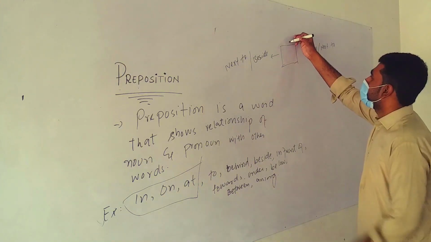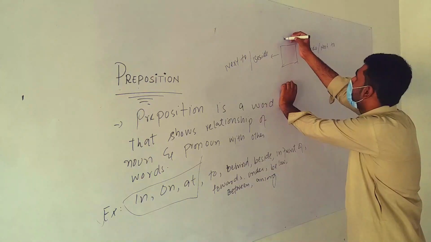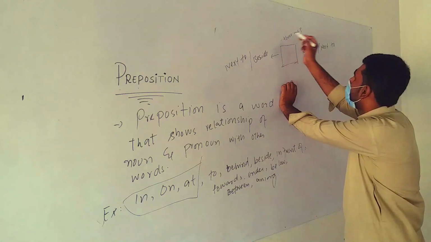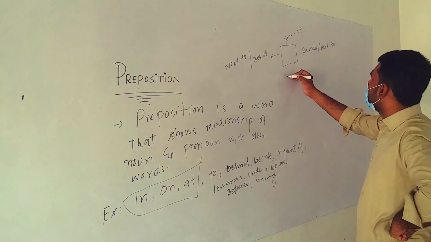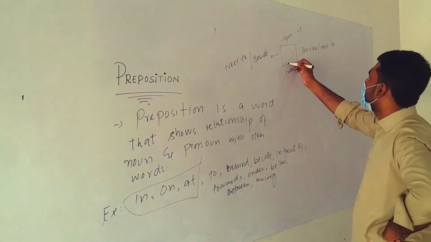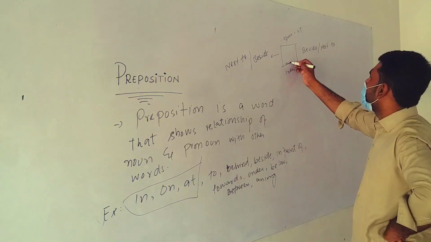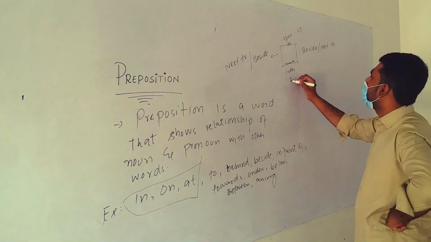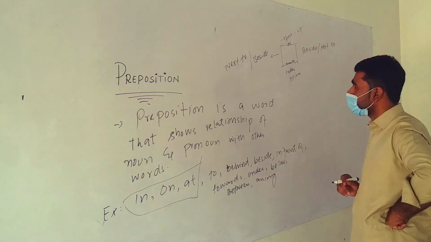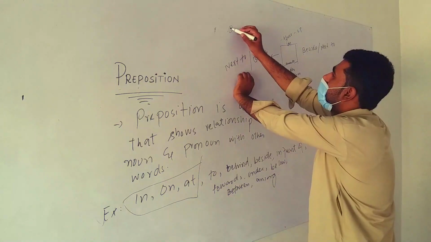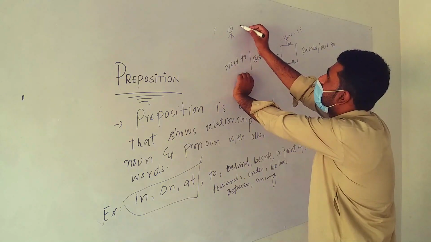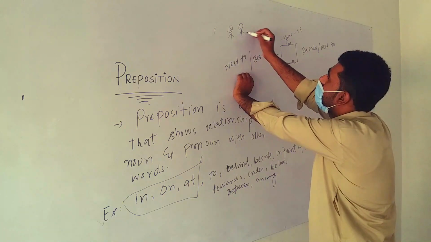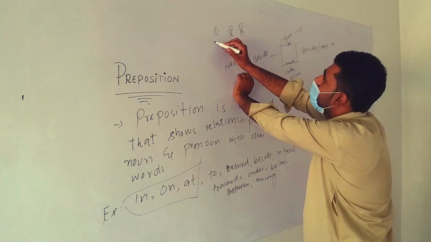This is above, up, and this is under, beneath, on, below. Now there are three people.